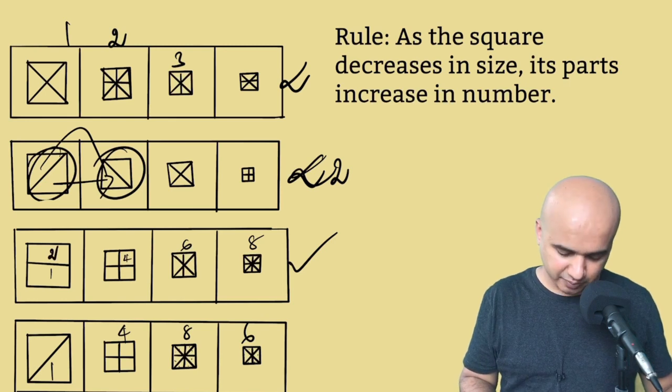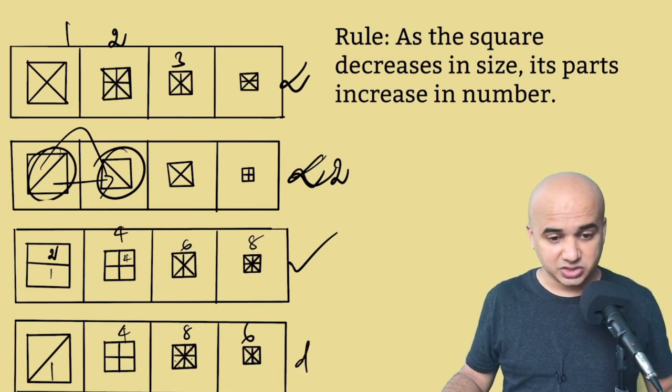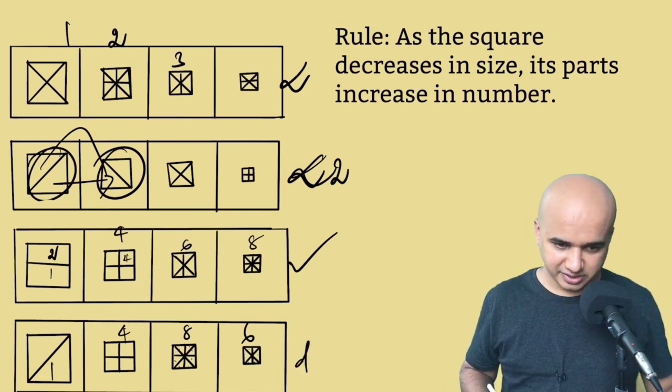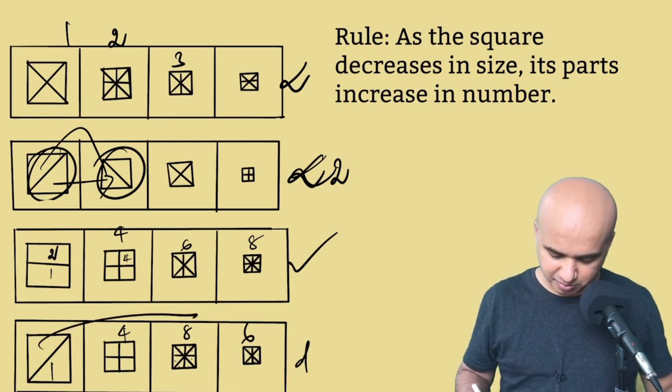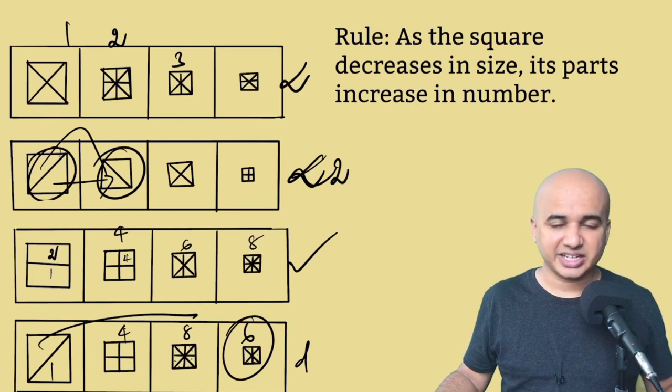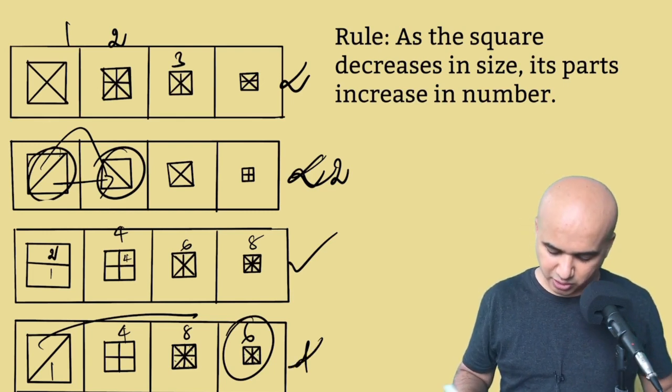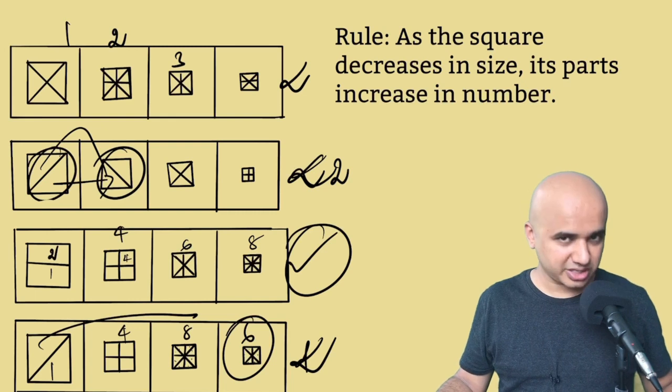In the second diagram, we had 4 parts. In the third, we had 6, and last we had 8. Whereas in option D, the last option, it is not the case. It increased up to the third diagram, but in the fourth diagram, it again decreased. So therefore, option D can be ruled out. The correct answer is option C.